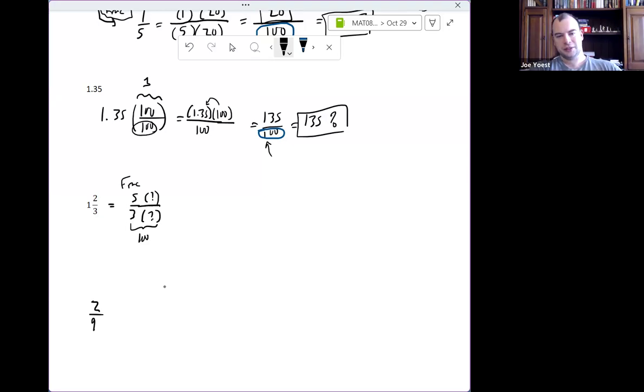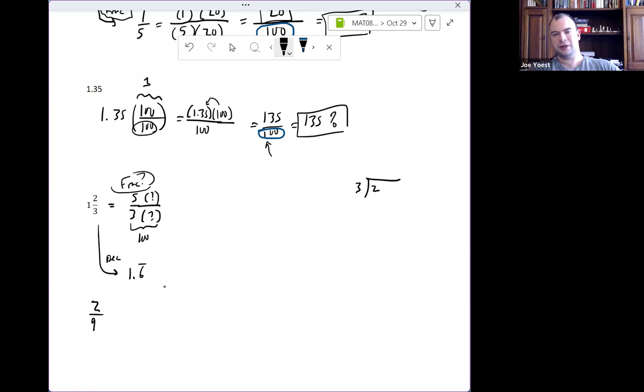So as far as sticking in the fractions realm, probably not going to work so great here. But 1 2/3 is 1.6 repeating as a decimal.